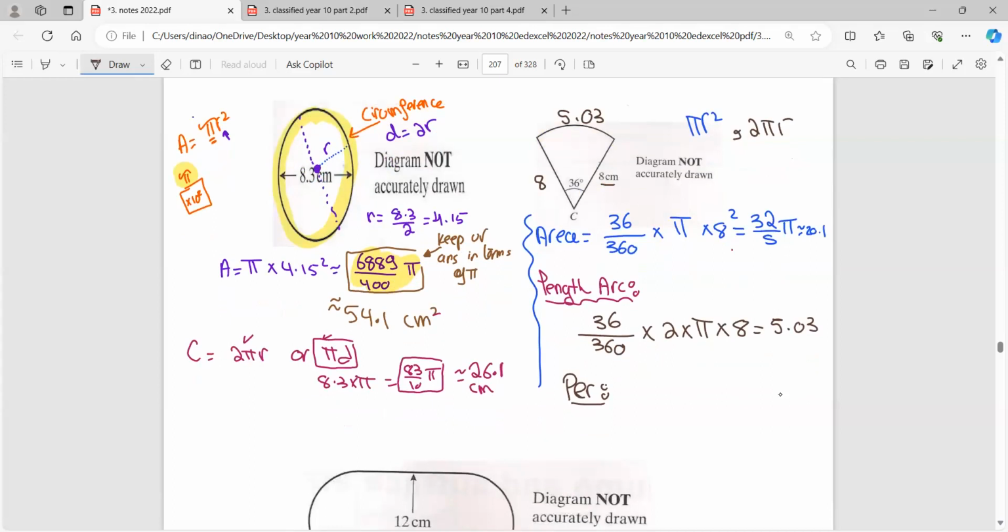To calculate the perimeter of the sector, I will add both radii, and of course I will add the arc to them. So 2 multiplied by 8 plus the arc that I just calculated. On the calculator it gave me 8 over 5 pi, and then I will add 16 and I will get almost 21. So these are all the basic questions.